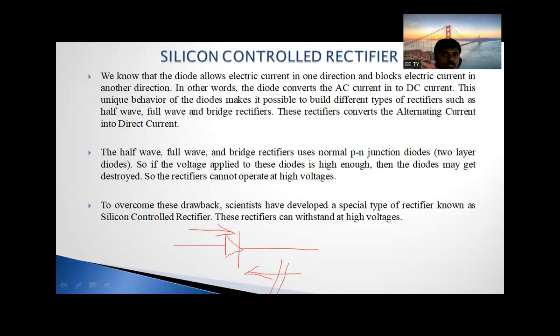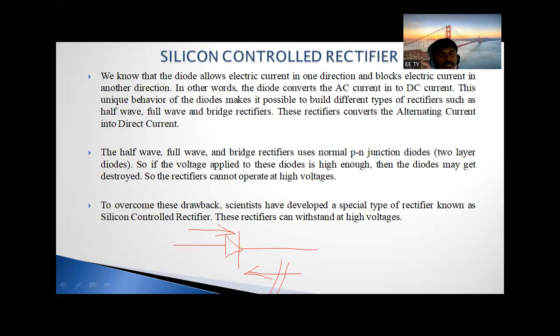If high voltage is applied to these diodes, what will happen? The diode may get damaged.